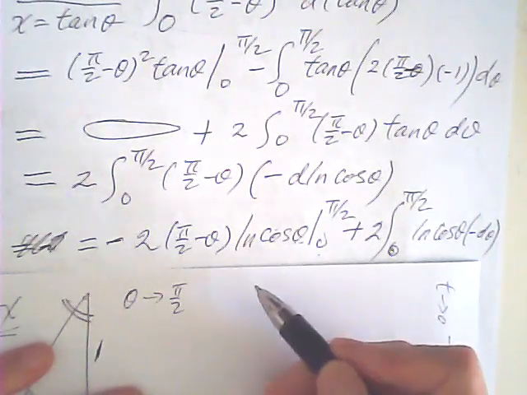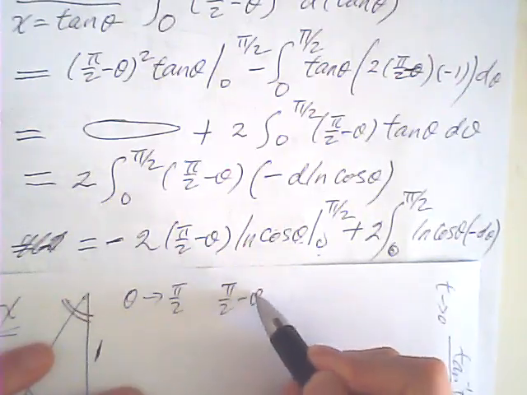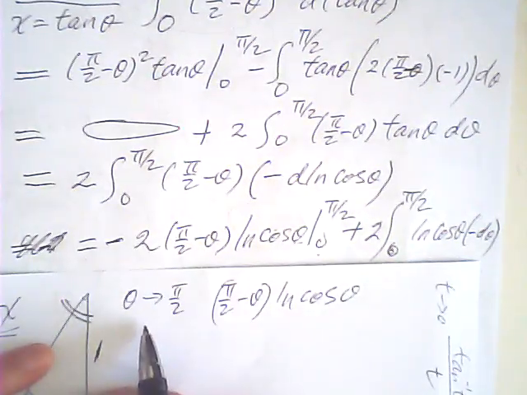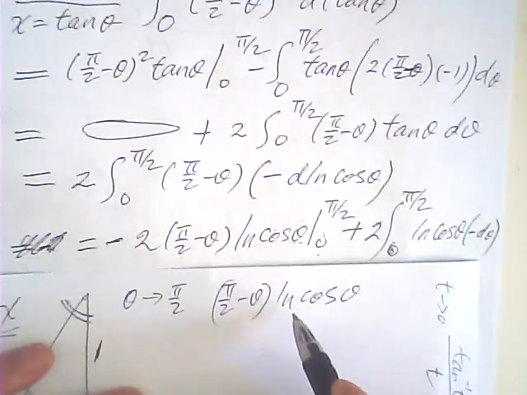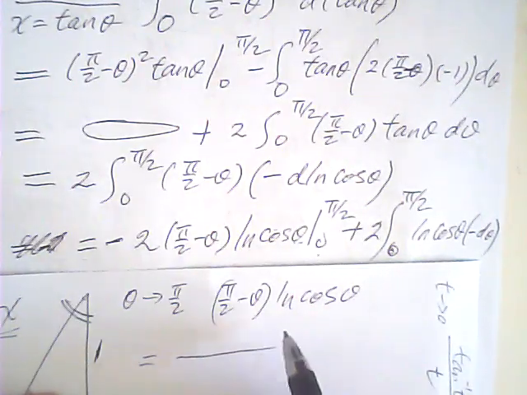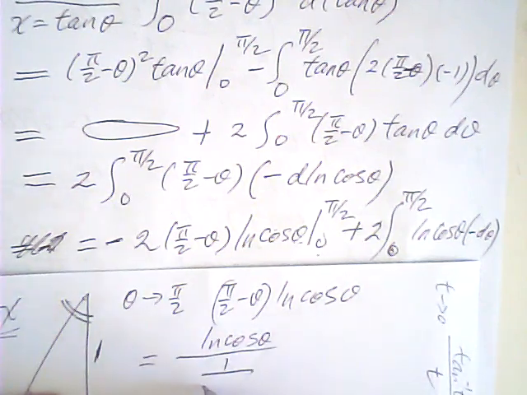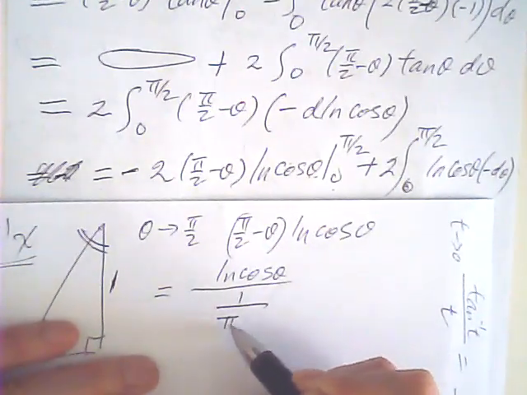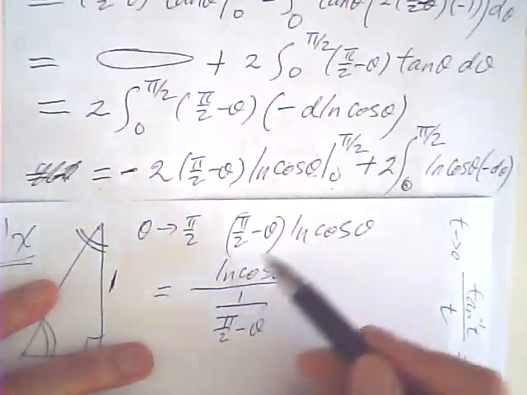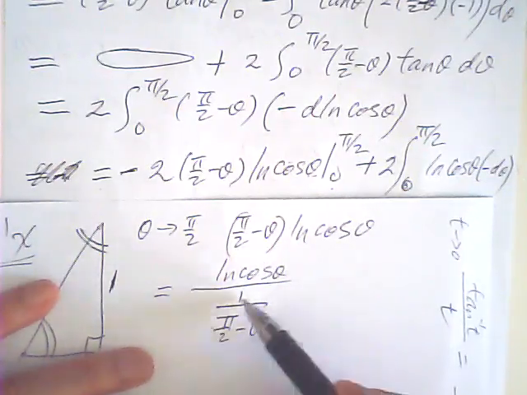The problem is this. When theta goes to half pi, this goes to infinity, this goes to 0. So we rearrange this one to log cosine over 1 over half pi minus theta squared. Okay, this one is equal to this one. When theta goes to half pi, this is infinite, this is infinite.